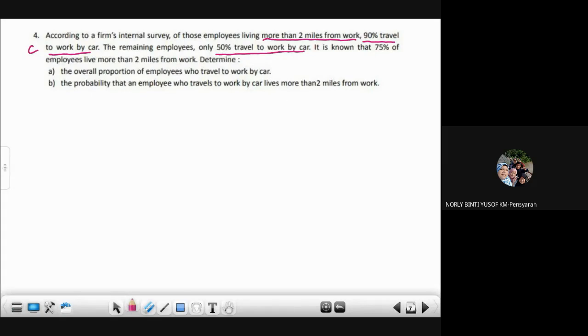Okay, kalau you nak buat, you let first the operation.